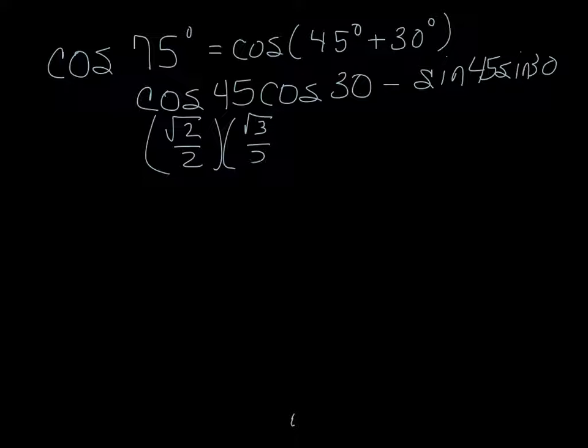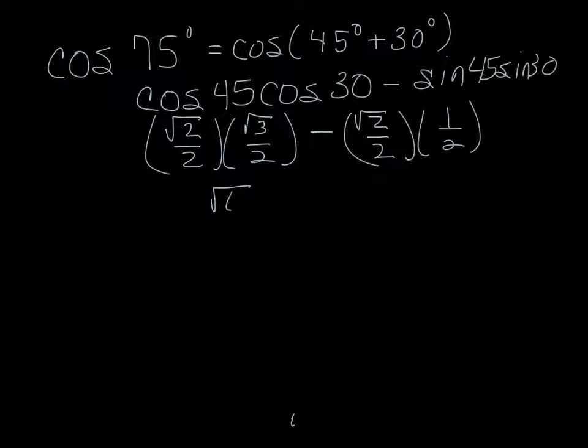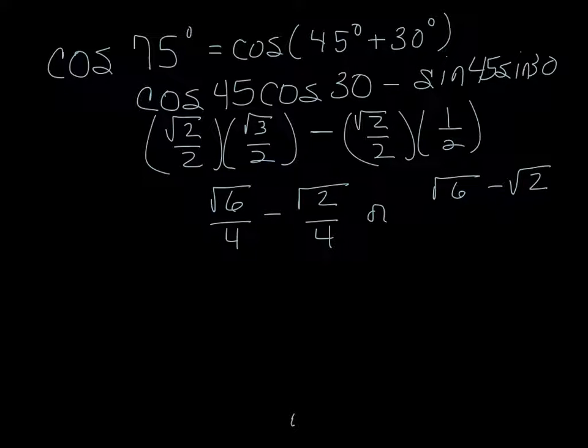Notice these numbers keep popping up over and over again because these are the angles we know. Things that are going to change is whether things are negative or positive. Minus the sine of 45 times the sine of 30. So we get the square root of 6 over 4 minus the square root of 2 over 4. Or you can make it one term since it is a common denominator.